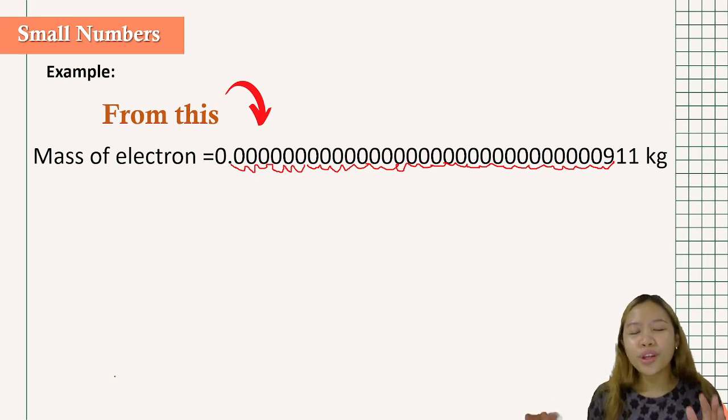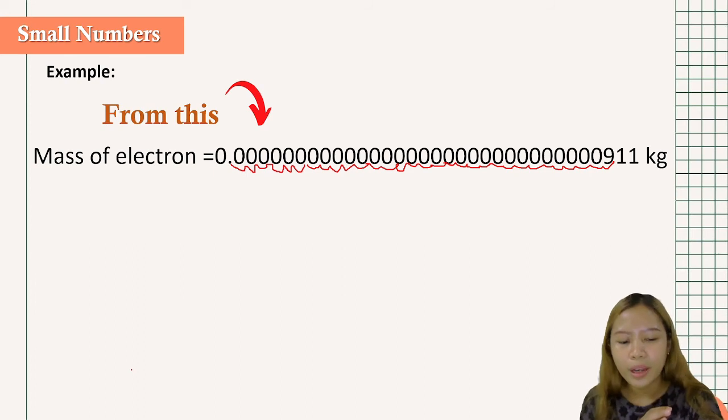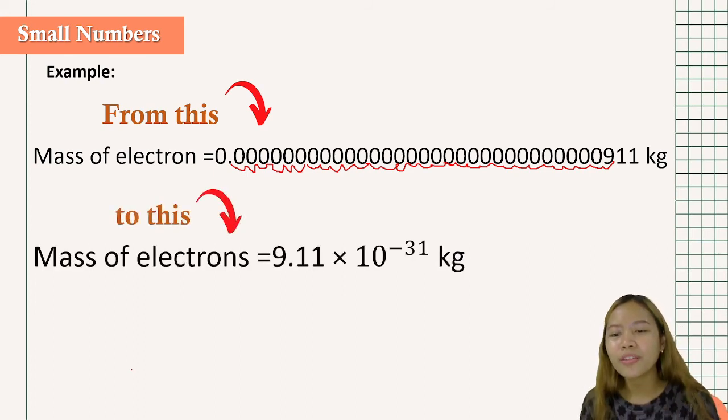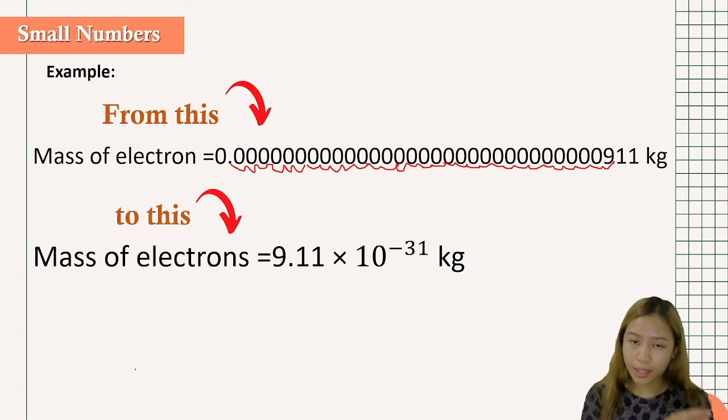So we moved 31 places going to the right. Okay, so because of that, for our scientific notation, we have 9.11 times 10 to the negative 31 kilograms. Okay, so that is standard form to scientific notation.